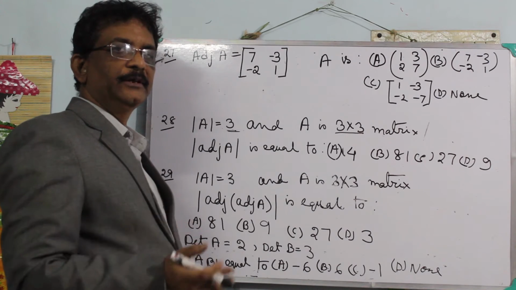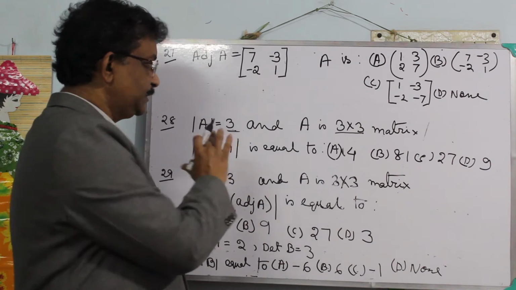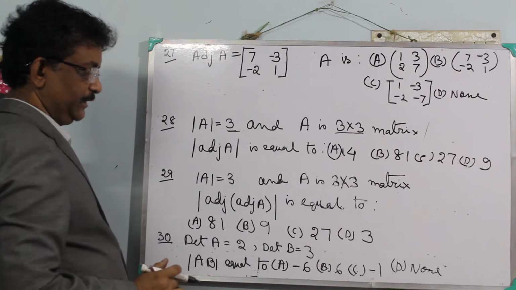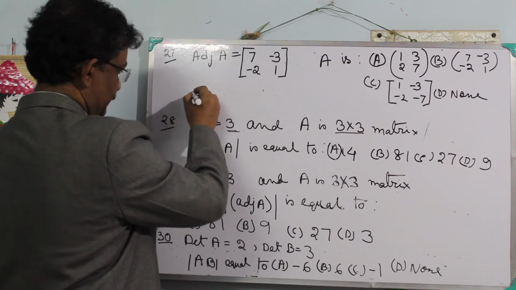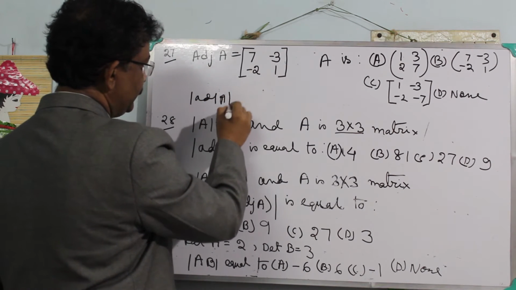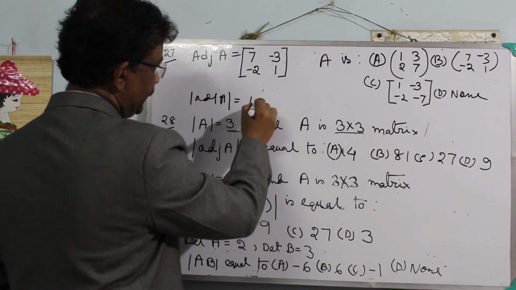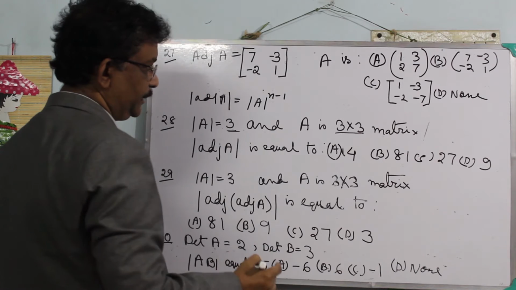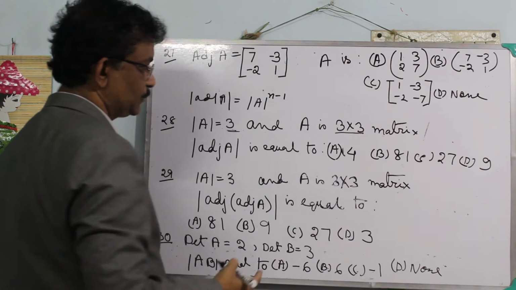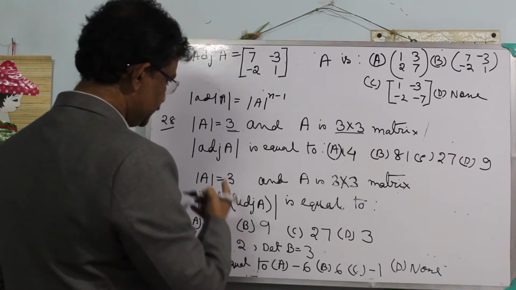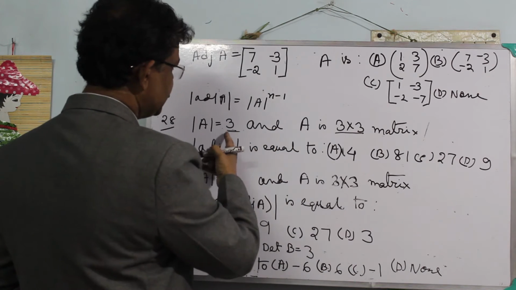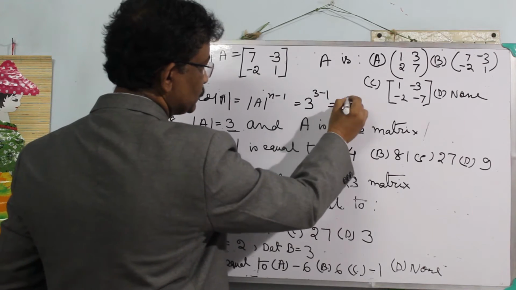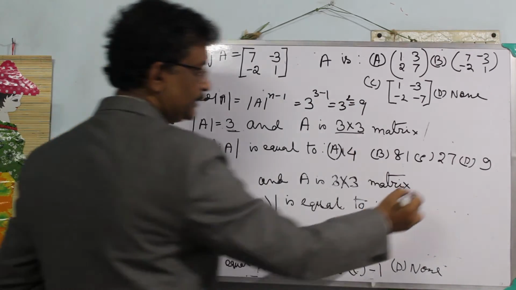If you don't know, see my video on matrix, where everything is given on how to calculate the value of the determinant of adjoint A. So determinant of adjoint A equals determinant A to the power n minus 1, where n is the order of the square matrix, 3. So determinant of adjoint A, with determinant 3, is 3 to the power 3 minus 1, equals 3 squared, equals 9. So 9 is the correct answer, D.